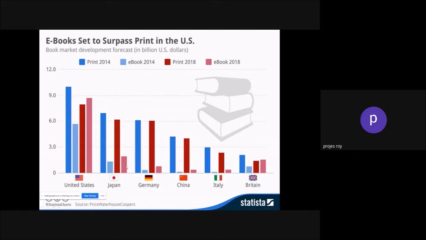In Japan, it is growing. Germany, it is growing. China, it is growing. Italy, it is growing. But Britain is covering up. They're reflecting higher. The most advanced countries in this world, both the US and Britain, where people are reading. Here you can see a different scenario because e-book is growing.